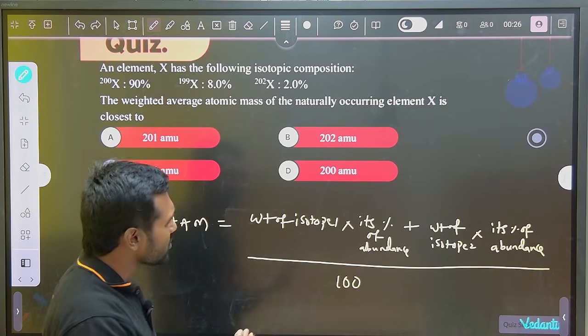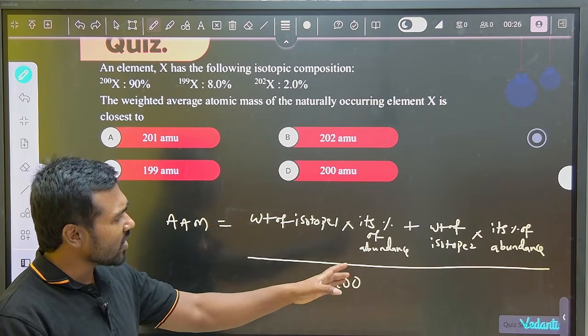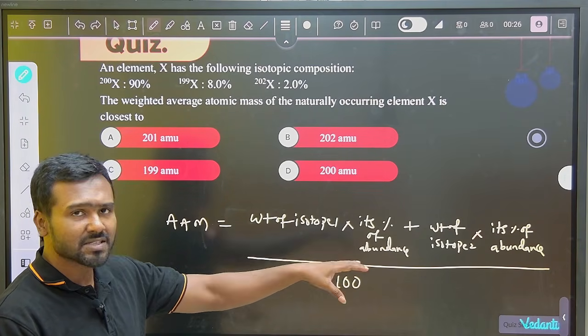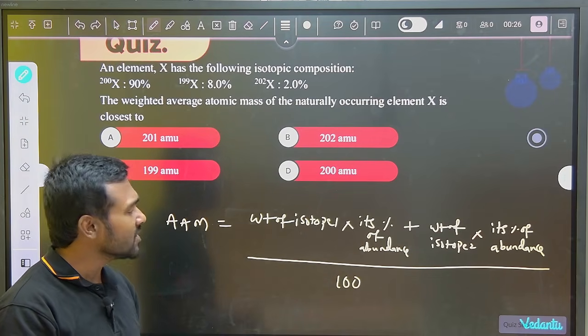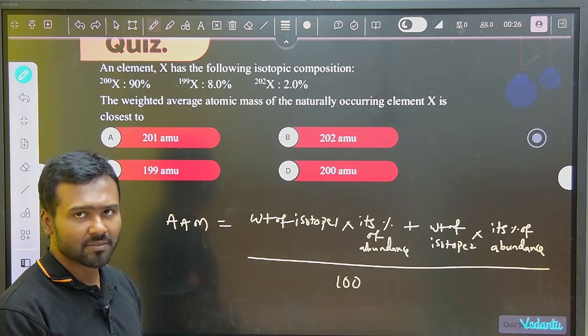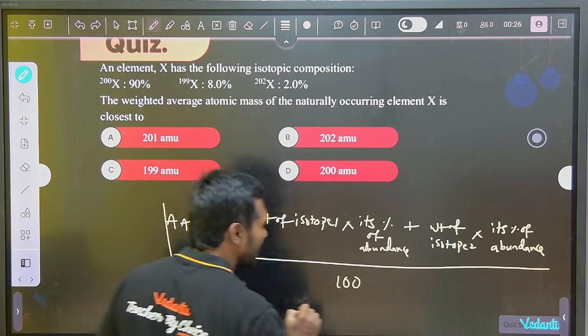Okay, there are 3 isotopes, then you add one more, the weight of isotope 3 into its percentage of abundance. Like that, however many isotopes there are, you add all of them and divide by 100. Then you are going to get the average atomic mass.